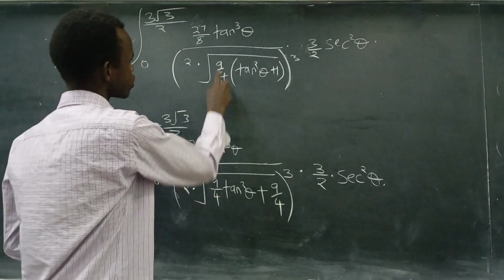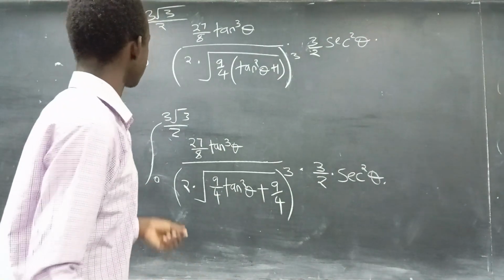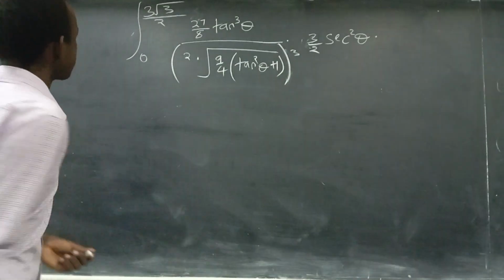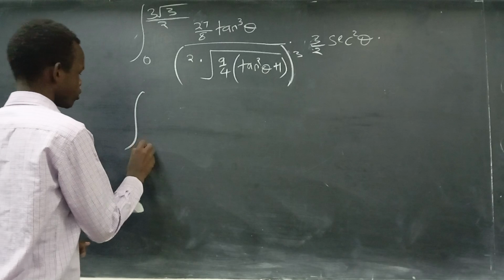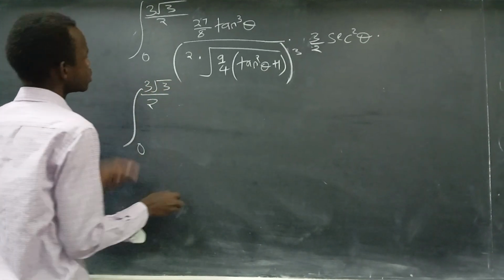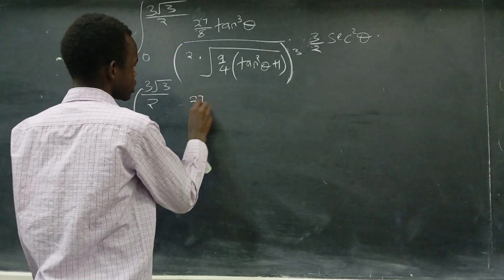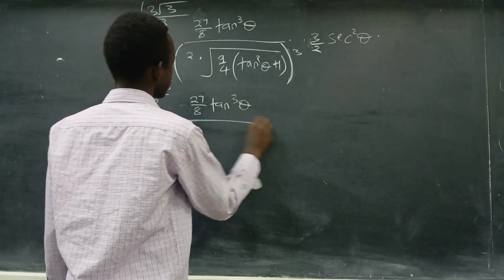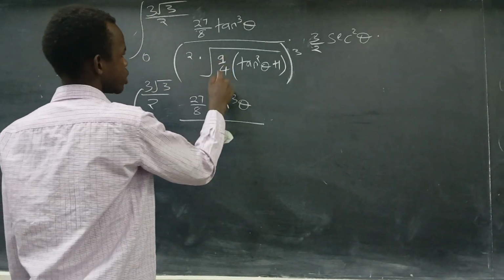So from there, what's the square root of 9 over 4? I'll just write again. Try to go fast, step by step. So I'll get the integral from 0 to 3 square root of 3 divided by 2. Here I'll write my 27 over 8 tan cubed of theta divided by the square root of this part multiplied by that.